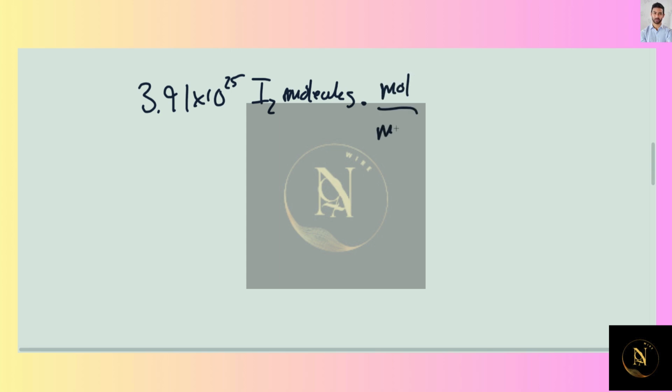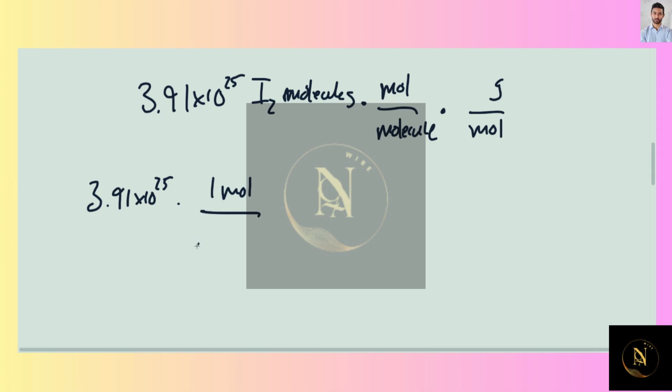Moles per molecule. And then we'll use grams per mole to get rid of moles, and we'll be left with grams. Okay, so 3.91 times 10 to the 25th times moles per molecule, that's Avogadro's number. That's 1 mole for Avogadro's number of molecules.